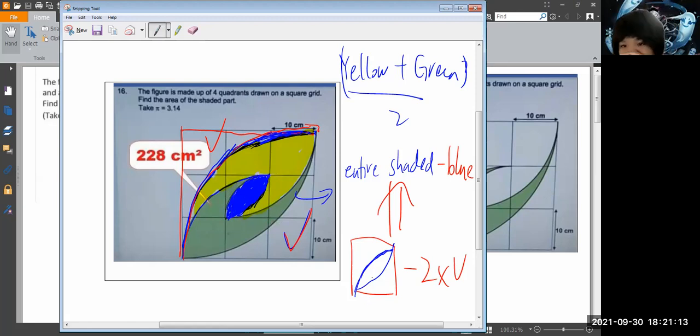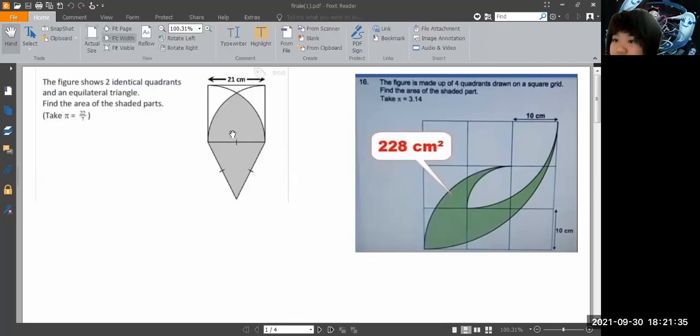So the strategy is this. This is the trick. That's why I show you these two questions, because I want you to know that besides looking at the question and trying to rearrange it, for questions like this you need to add lines. You see, I add these lines to it. For the question just now, I also added lines to it.